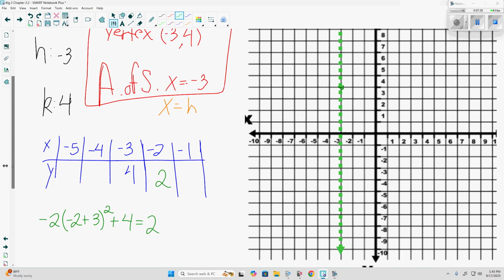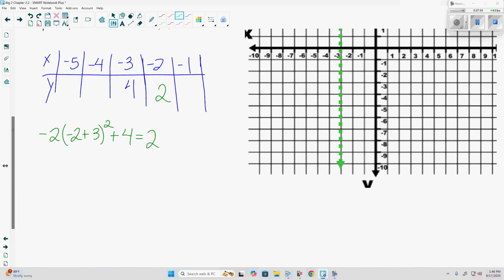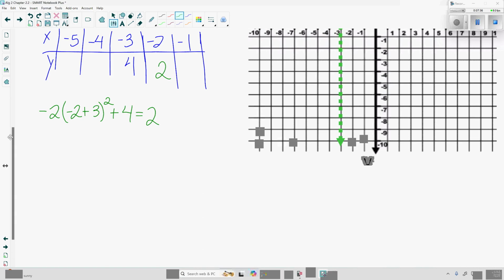At this point here, we can go -2, 2, and I can plot that point. Now we can do the same thing with -1. So we'd say -2 times -1 plus 3 squared plus 4. And we're going to do the same thing.